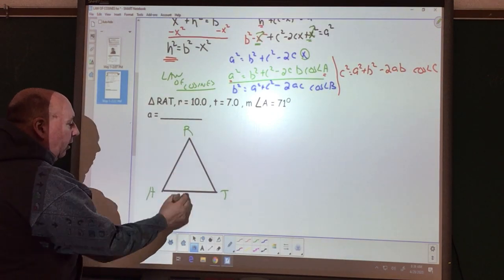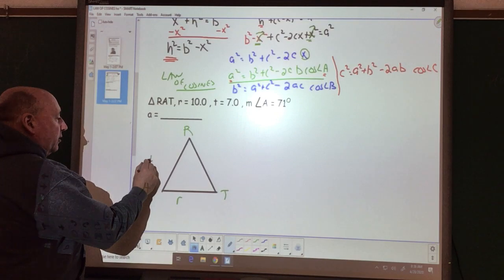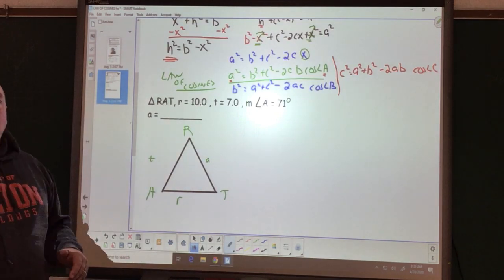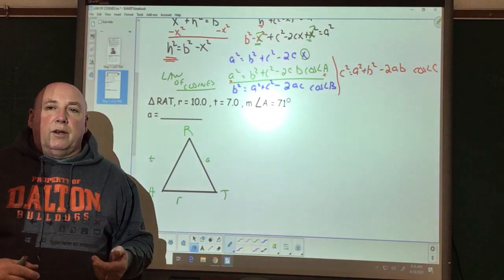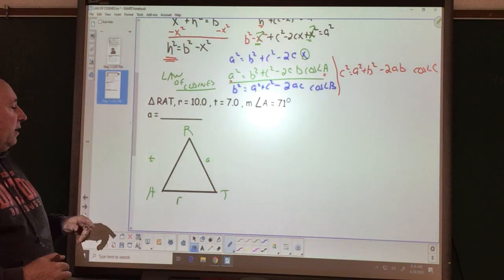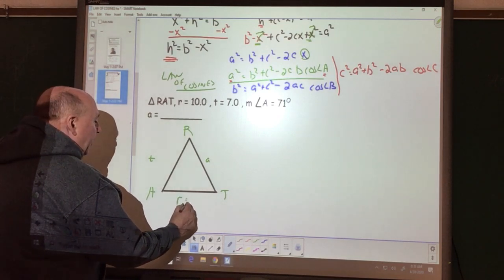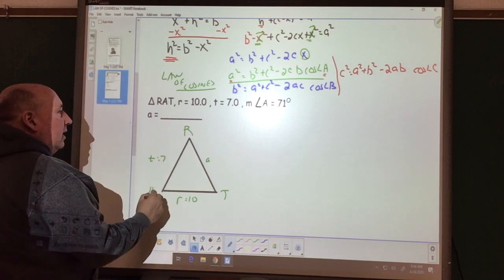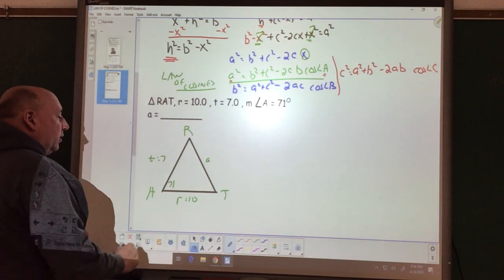So I have big R, little r, big T, little t, big A, little a. First thing you need to do is make sure you get those letters down, because then we're going to sit here and look at values. R is a value of 10, T is a value of 7, and the measure of angle A is 71 degrees.